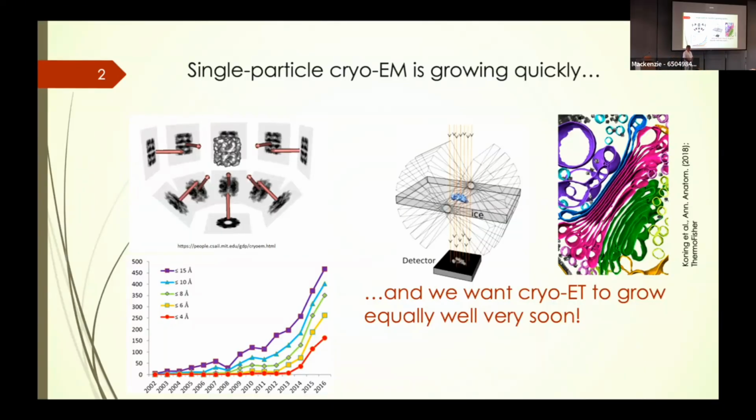That was just a few years after what we call the resolution revolution, by which I mean that there are now plenty of structures with a resolution better than 6 angstrom, better than 4 angstrom, and the record these days is even better than 2 angstrom. It has to be said that these very high resolutions are only achieved by averaging hundreds of thousands of particles and only for the largest particles.